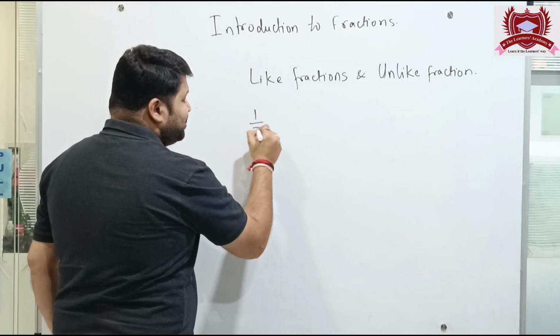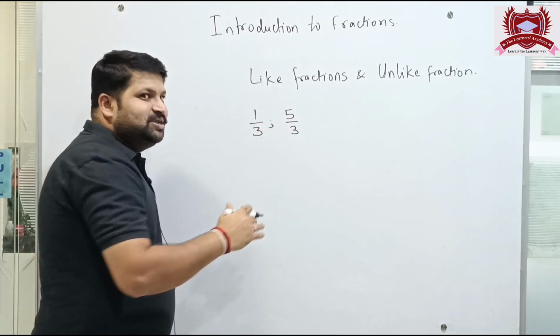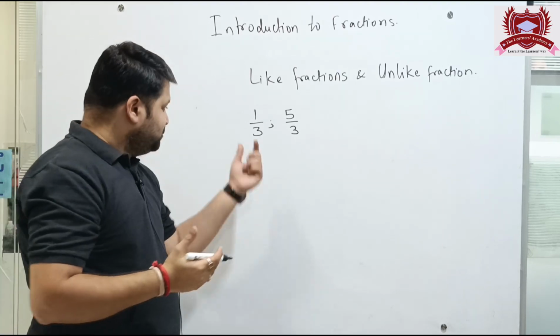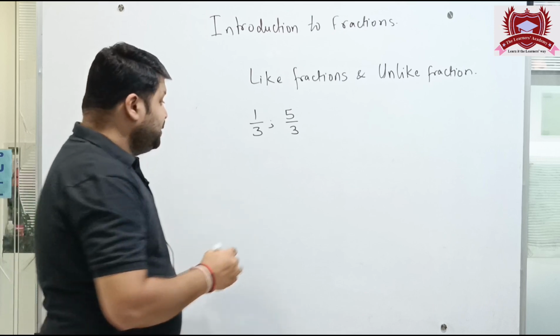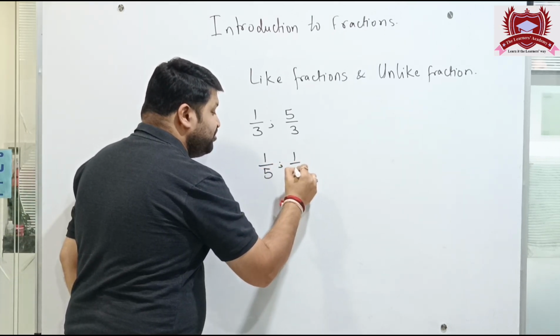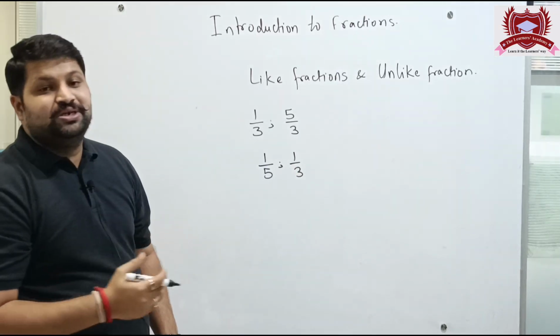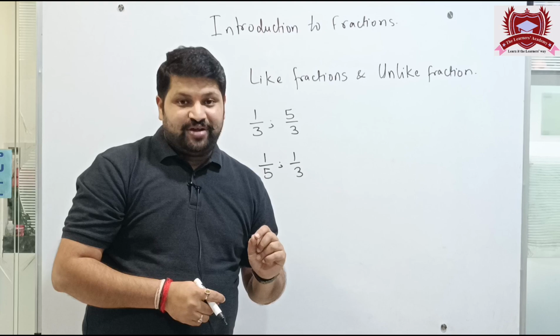So 1 upon 3 and 5 upon 3 will be considered like fractions because their denominators are the same. On the contrary, 1 upon 5 and 1 upon 3 will not be considered like fractions. They would be called unlike fractions.